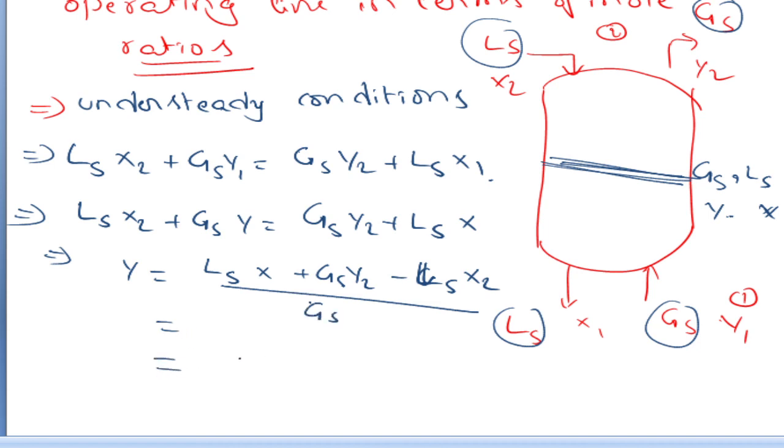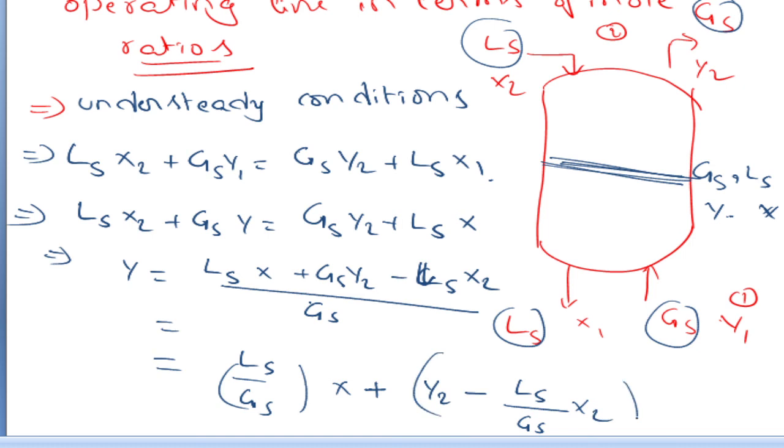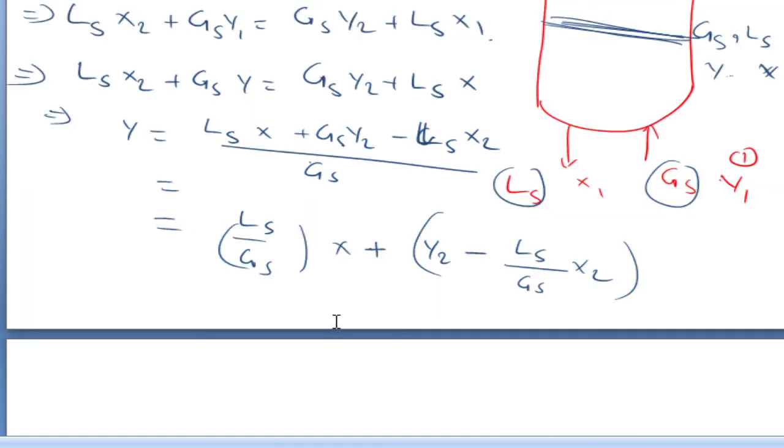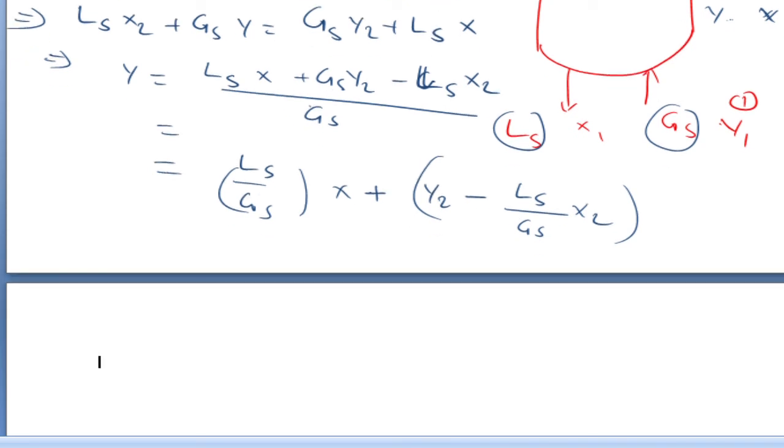Now you can write LS by GS into X plus Y2 minus LS by GS into X2. If you see, this LS by GS value remains the same throughout the column. So it denotes a perfect equation for a straight line, a complete straight line.